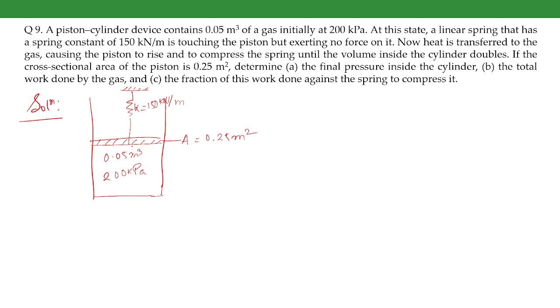Initially in the previous problem, it had expanded till the volume had increased due to this pressure difference of 10 kilopascal. However, in this case, as it tries to expand, the spring will exert a downward force on this. This force divided by this area is also a pressure, right? So this equivalent downward pressure is also increasing, like 200 plus this value.